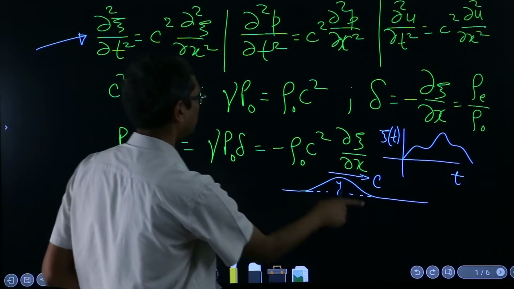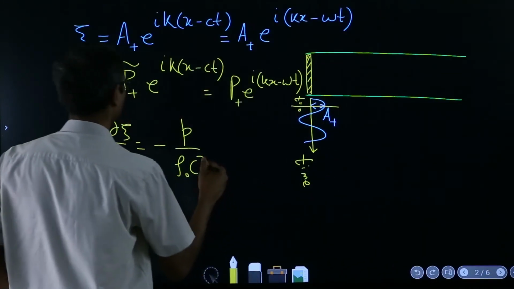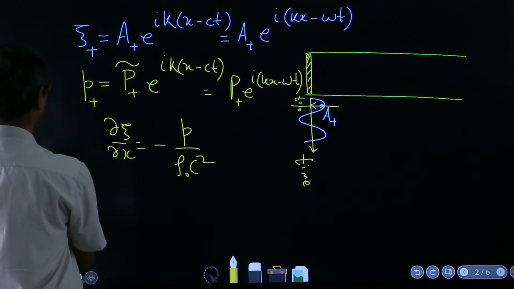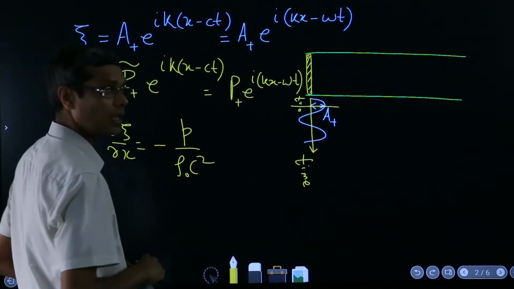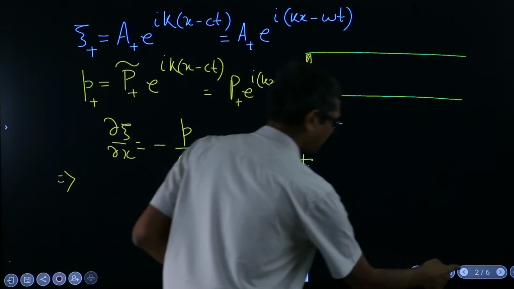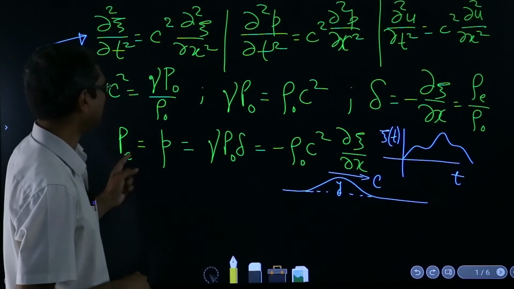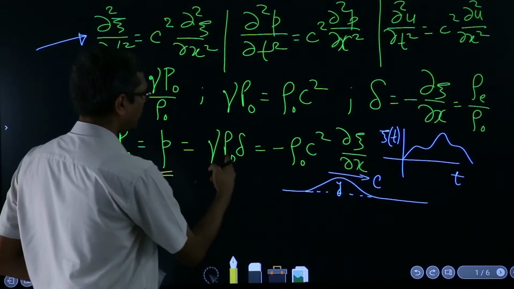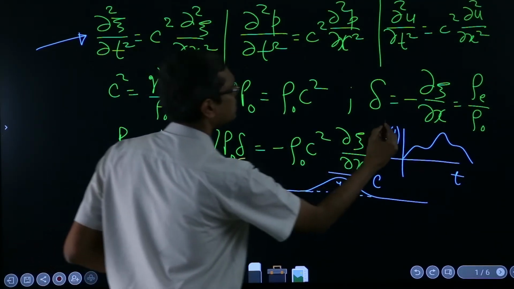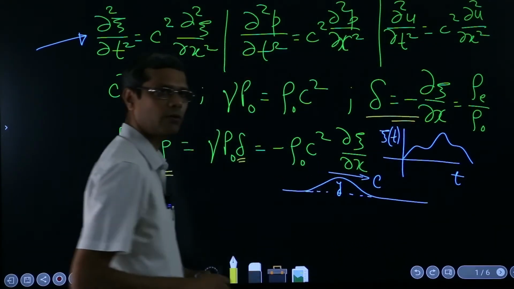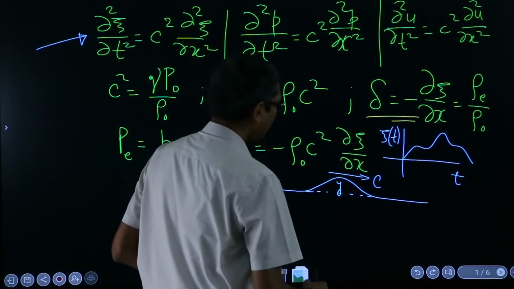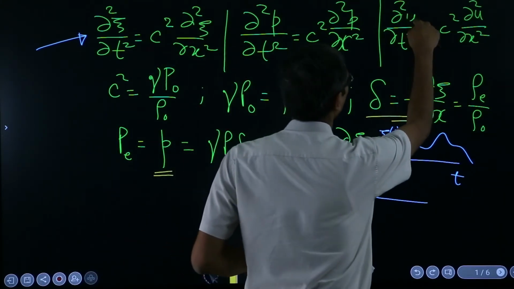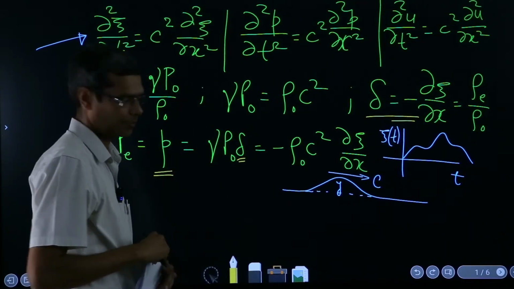Yes, p over rho naught c square, and d xi over dx is this. P is gamma p naught delta, and delta is this, so this is d xi over dx. Okay. In fact, d xi over dt is the speed or velocity. This u is nothing but d xi over dt. Okay.